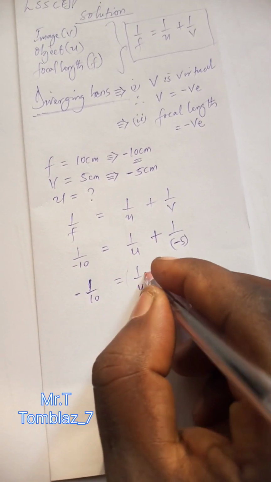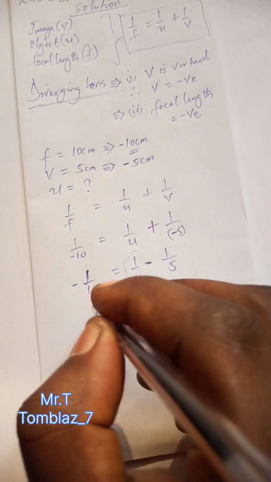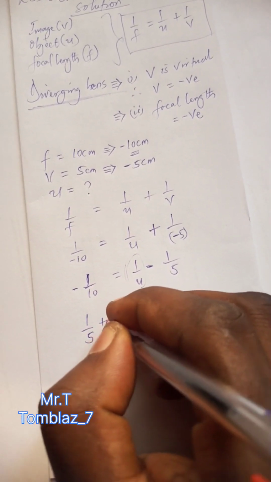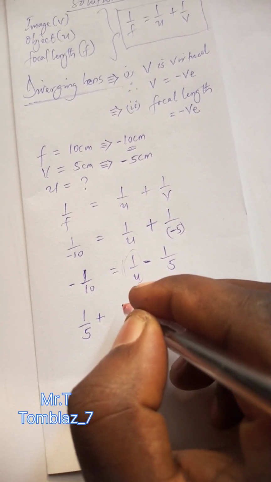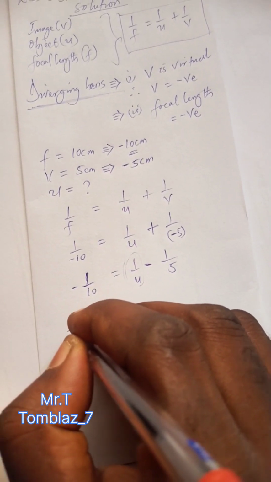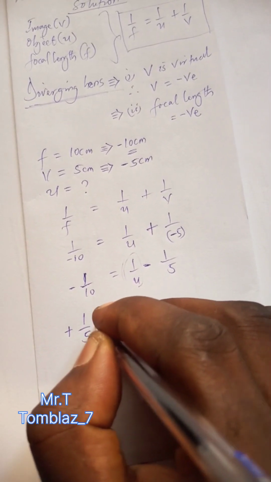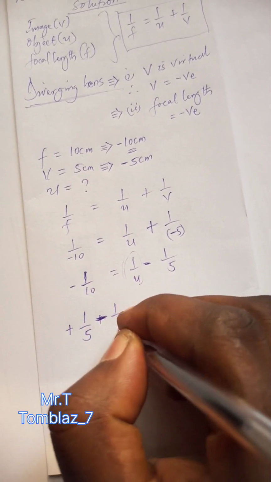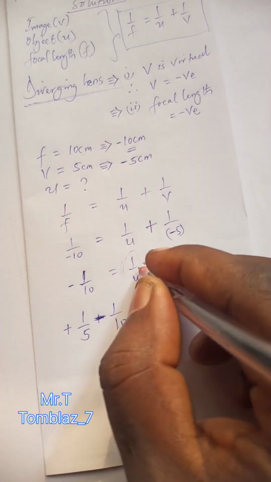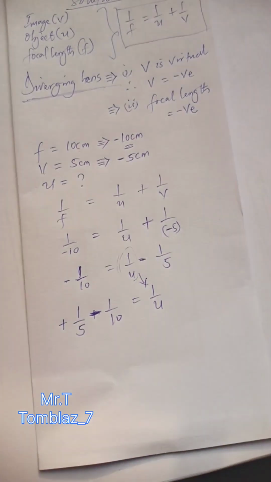And we'll be left with only 1 over U here. So we'll have 1 over 5 plus, so the 1 over 5 now becomes plus, and then this becomes minus 1 over 10, right? And it's equal to 1 over U, since we did not touch it, so it just comes down, right?